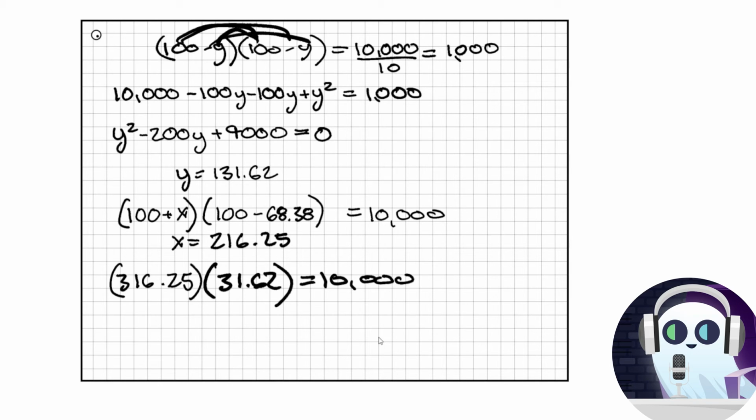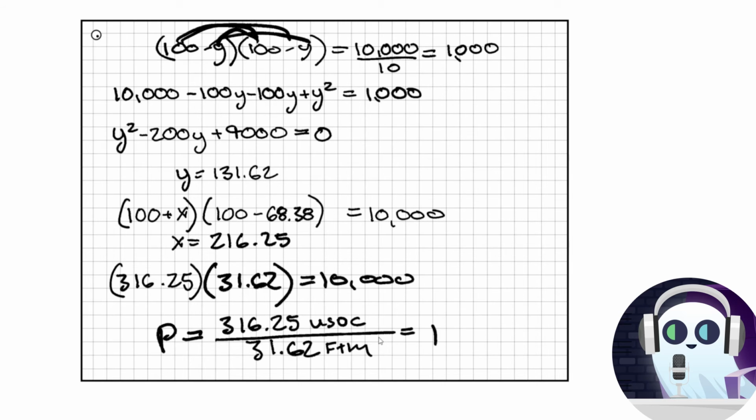So everything seems good. Now if we want to see the price, it would be 316.25 USDC over 31.62 FTM. That's 10 bucks, dude. Yeah, $10.